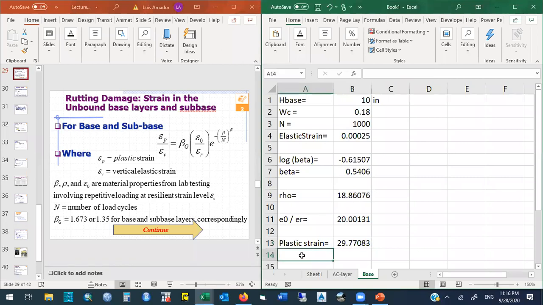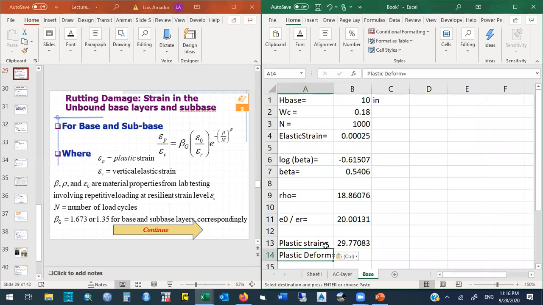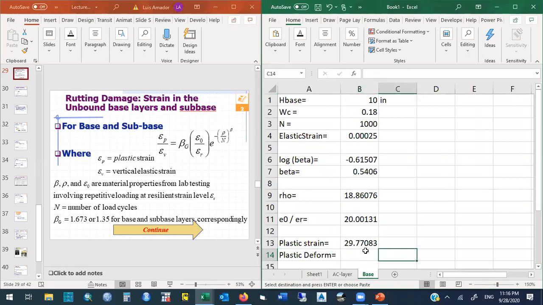Now, that's plastic strain, right? Like I did before, I wrote the deformation, so let's also have the deformation. So plastic deformation is gonna be, but I need the plastic strain, sorry. I'm missing the multiplication because it's EP over EV.